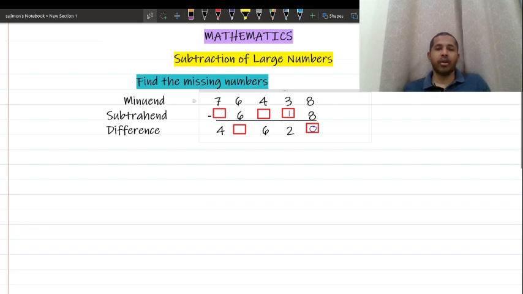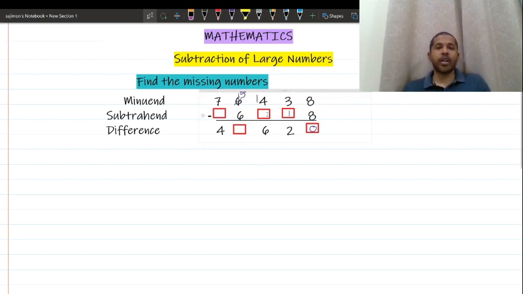If the minuend number is small and the difference after subtraction is a bigger number, at that time we borrow 1 from the next place. The next place number is 6. This 6 will give 1 to this 4. Then 4 becomes 14, and 6 becomes 5.